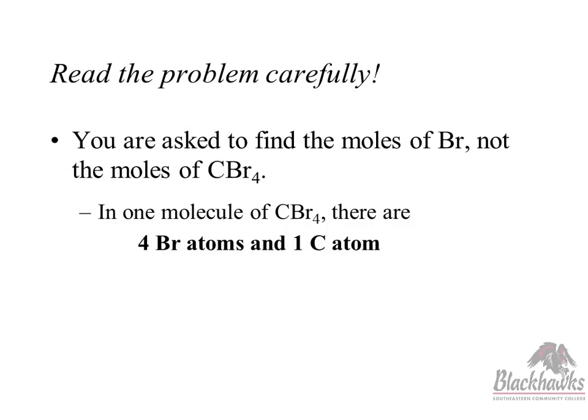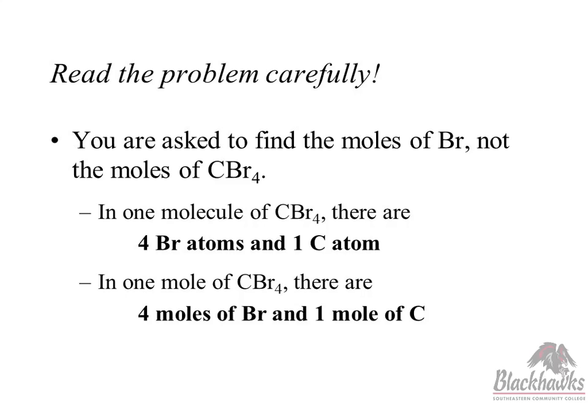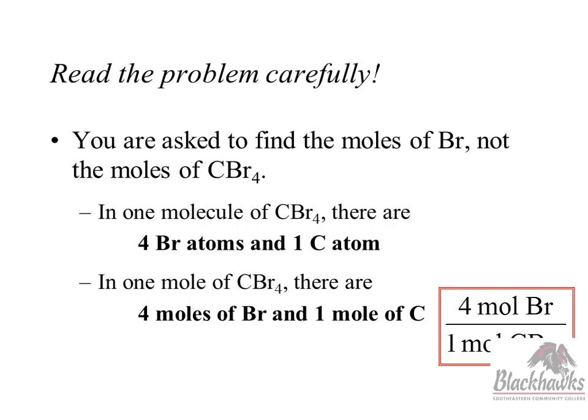That formula, telling you the relative numbers of atoms in 1 molecule of CBr4, we can scale that up. Instead of a dozen, we can use mole. So there's an important little ratio that we're going to end up using.